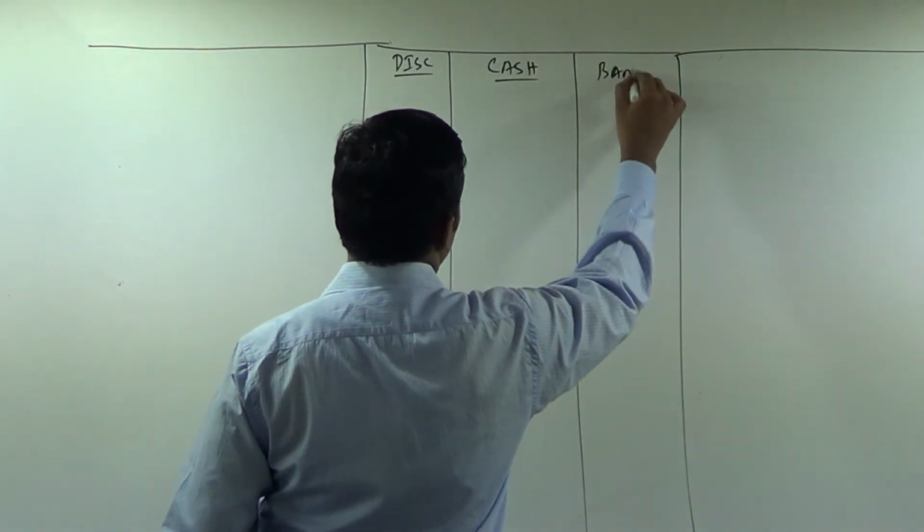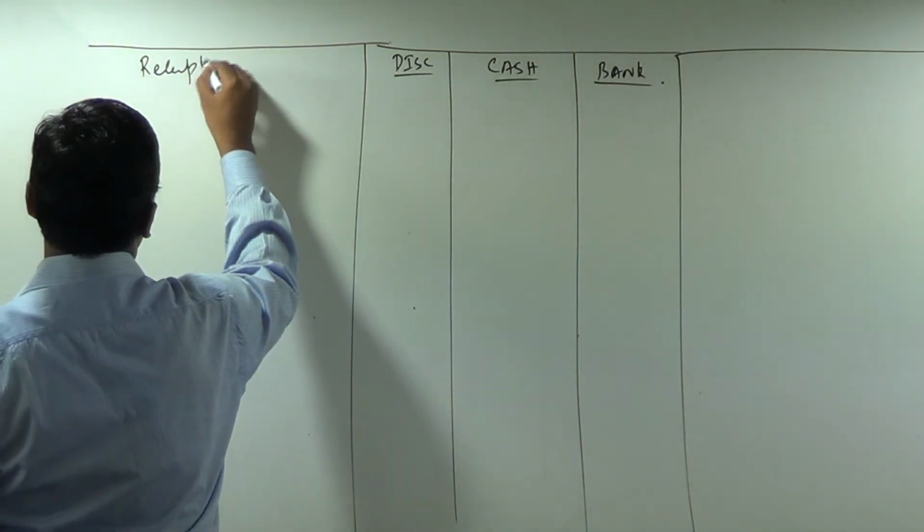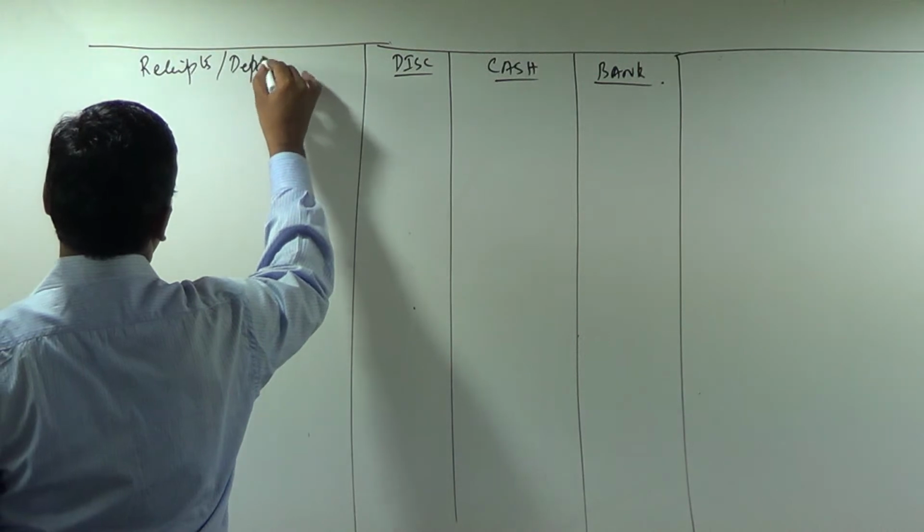Discount, cash and bank. The left side is called the receipt side, the deposit side.